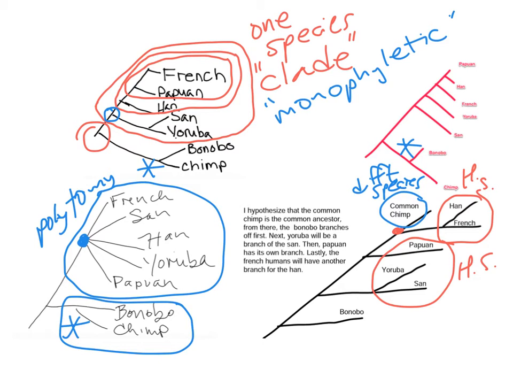But I think the question about how a tree helps us define species goes beyond just this tree. If you look at any tree, do you get any information about where species are if you don't know species in the first place? If you didn't know that these groups were Homo sapiens versus bonobos versus chimpanzees, and I just showed you a tree and asked which species, would you be able to do it?